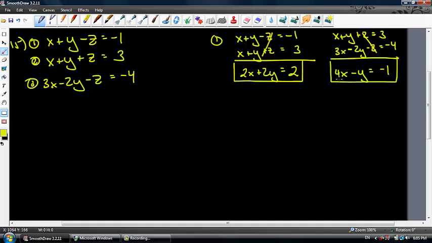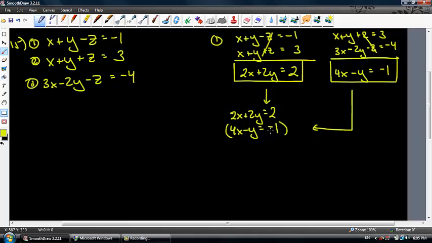Now all I've done is create two 2 by 2 equations where I can set up a linear system that will allow me to eliminate another variable. So what I've got is 2x plus 2y equals 2, and then 4x minus y equals negative 1. Now I'm in a situation where I can eliminate something else.